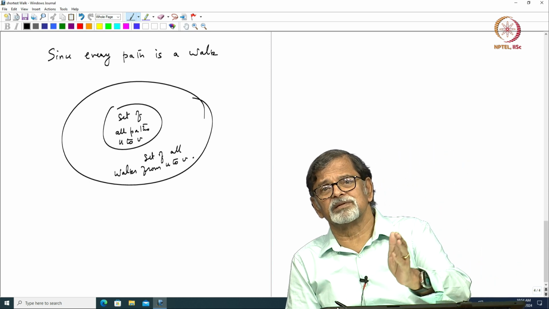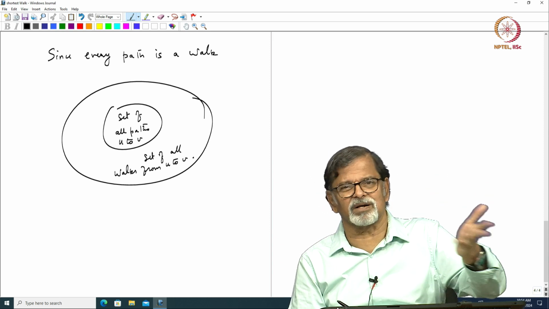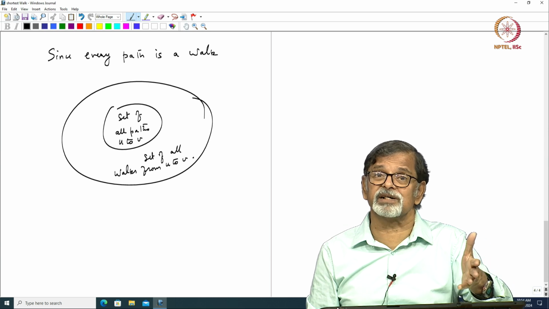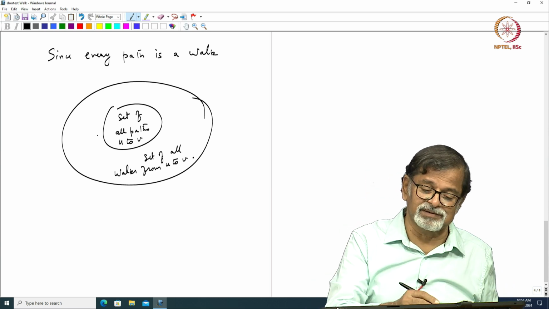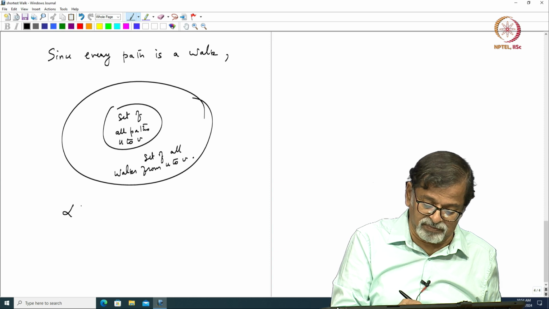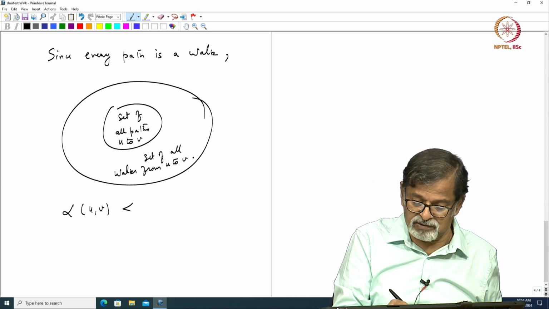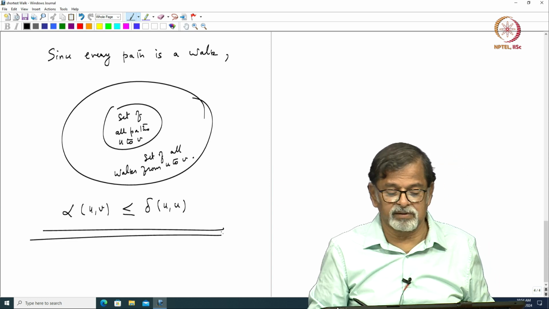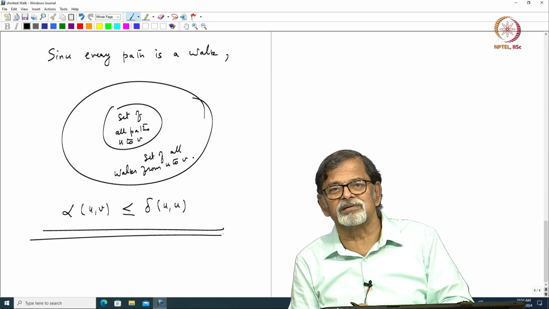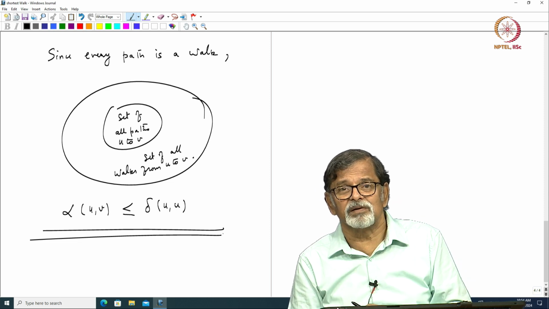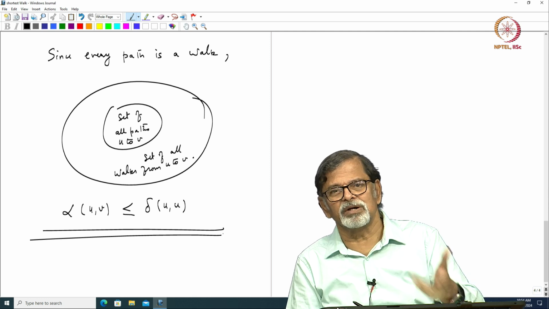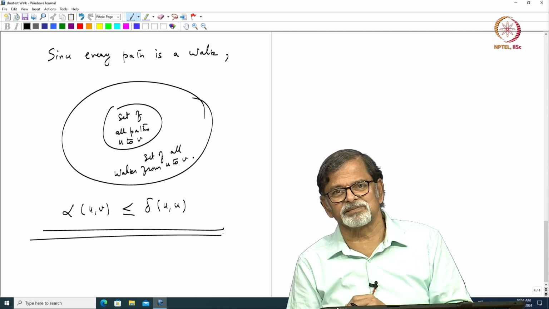Every path is a walk, but there are walks that are not paths, therefore it is a bigger set. Minimum over a bigger set will be smaller. Alpha UV is less than or equal to delta UV. If you have a superset, the minimum of a superset will be either smaller or equal to the minimum of the subset. Okay.